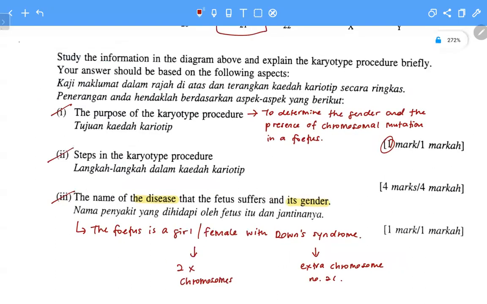Now steps in the karyotype procedure, I'll give it to you later because that's quite an elaborate answer. It's basically very easy to understand. The amniotic fluid of the fetus has to be extracted out from the amniotic sac.